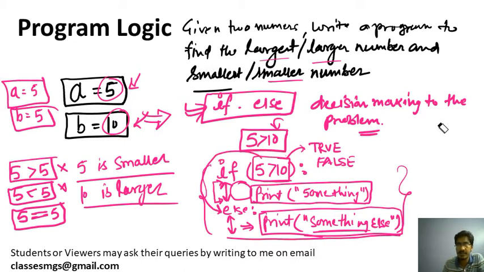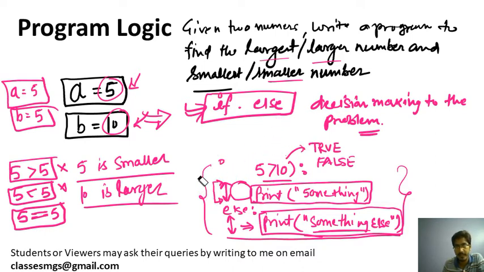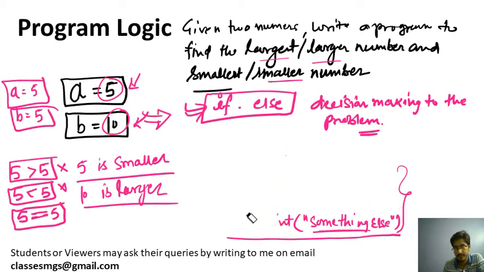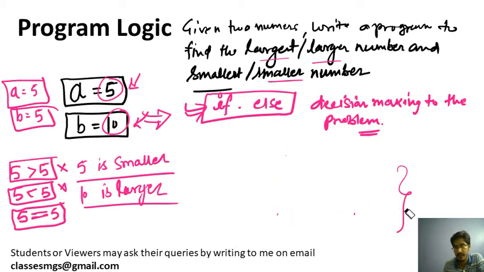Now I will show you a diagrammatic representation of the same. You might have heard about the flow chart. Let's suppose we have two numbers, input A and B from the user.